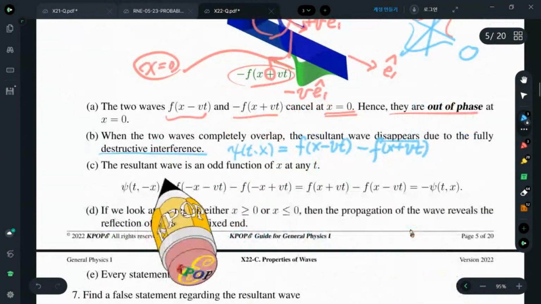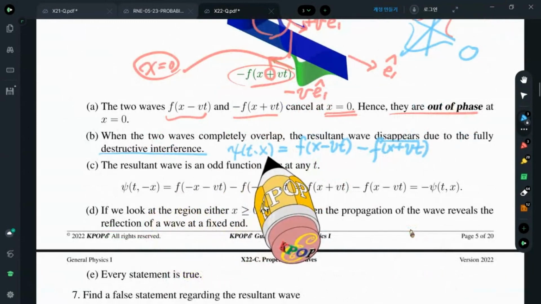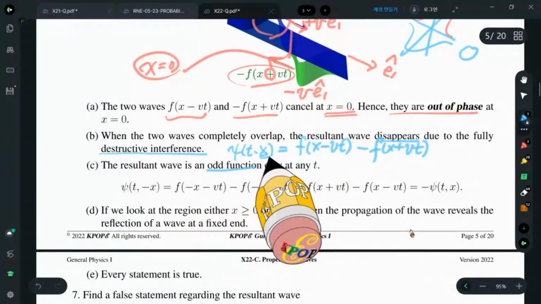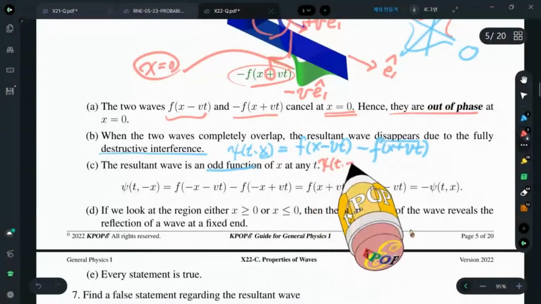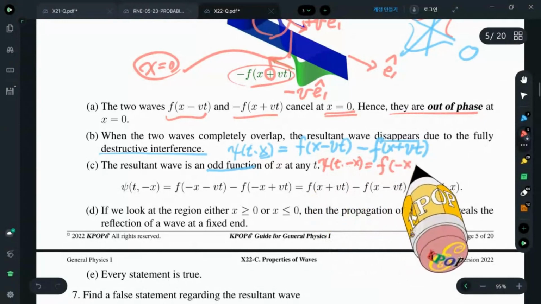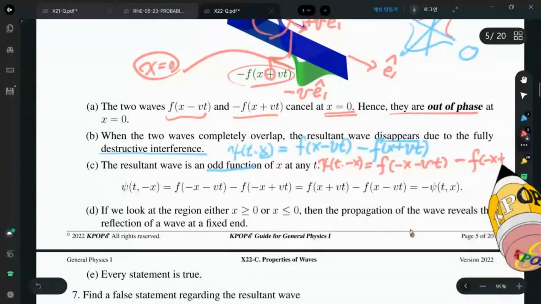And in order to find whether this function is even or odd, I need to replace this x with minus x. So psi(-x,t) equals f(-x minus vt) minus f(-x plus vt).